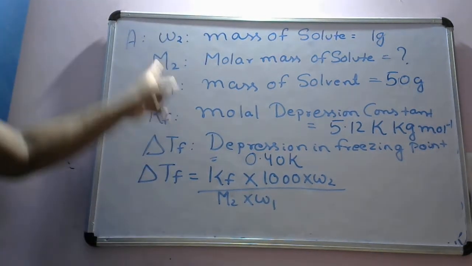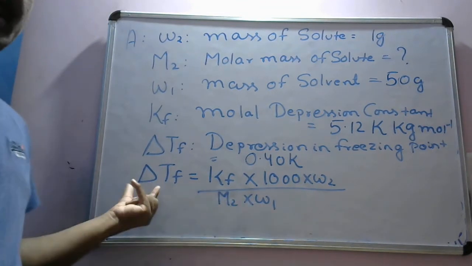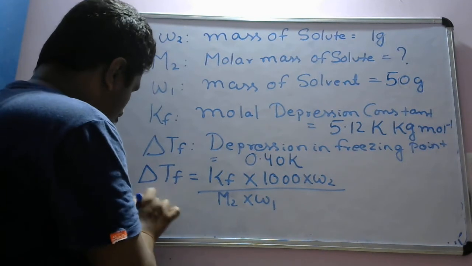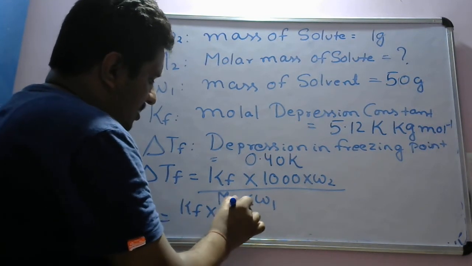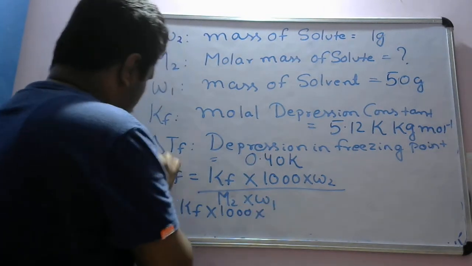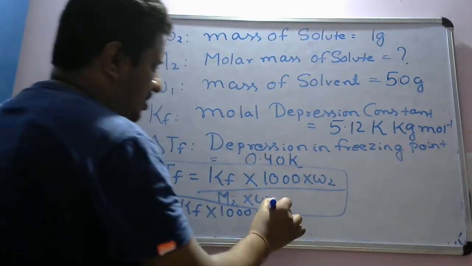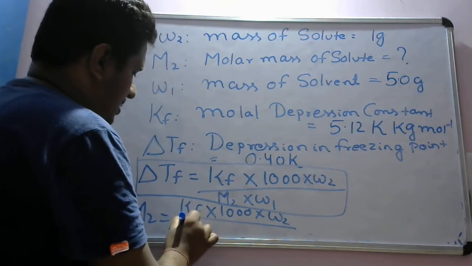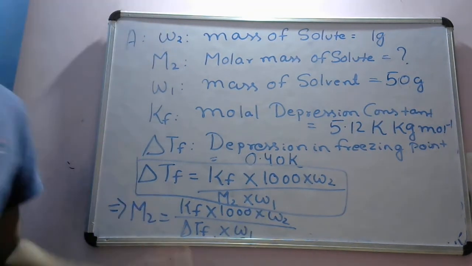We have to find M2. So bring the unknown one side and all the known in other side. So cross multiply. M2 equals Kf into 1000 into W2 by delta TF into W1.